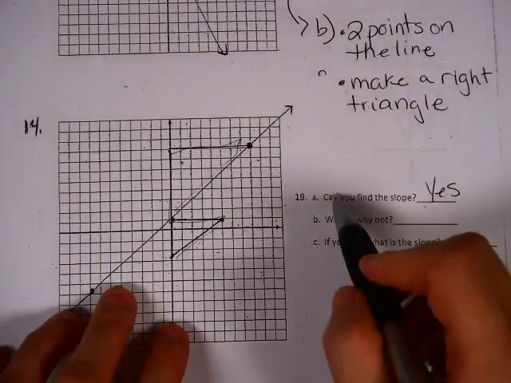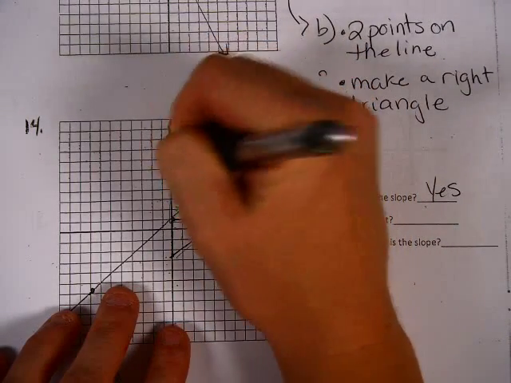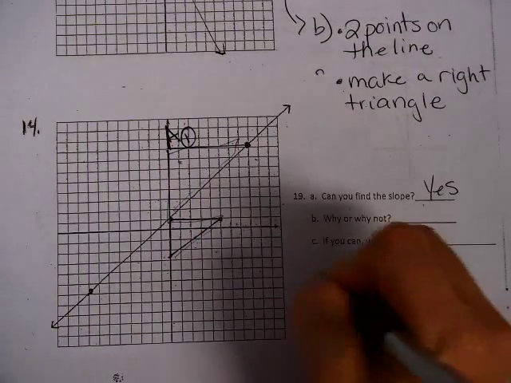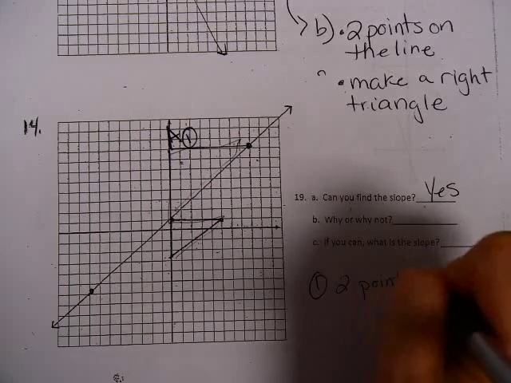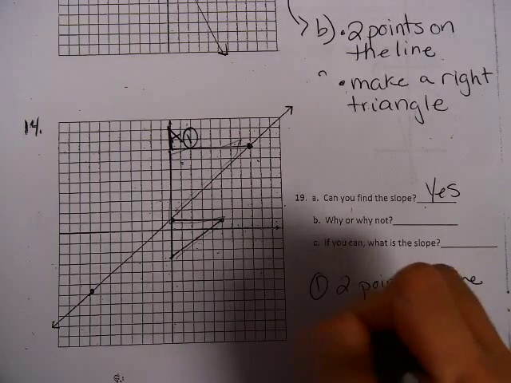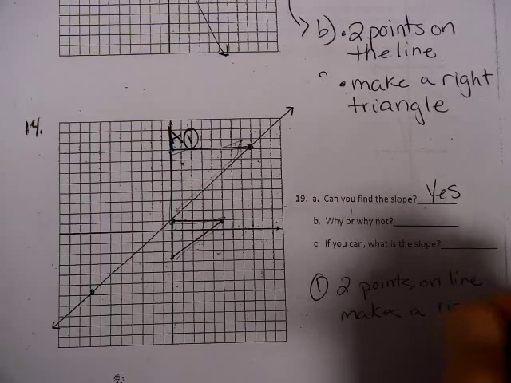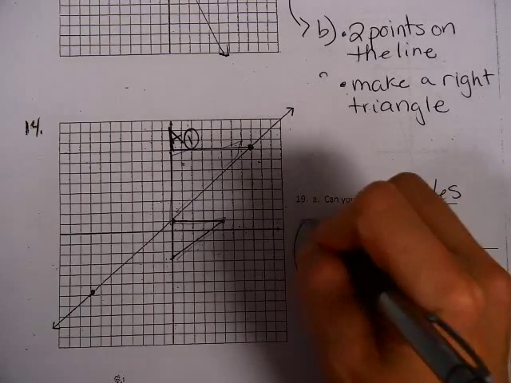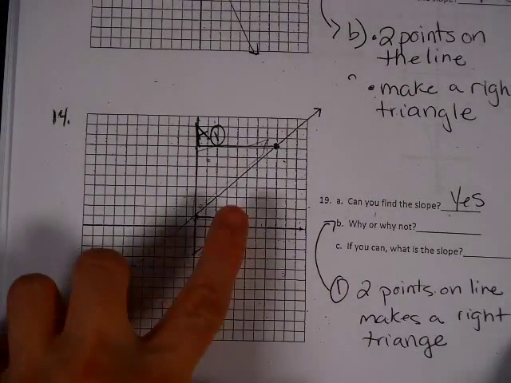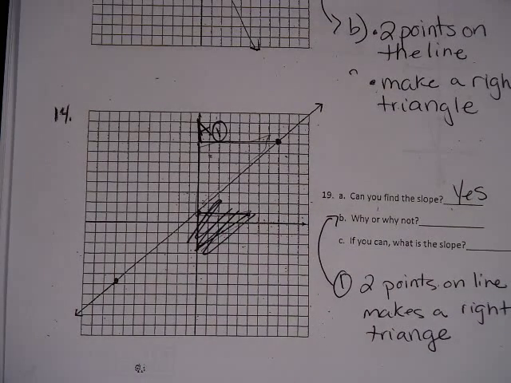It has 2 points on the line and makes a right triangle. But this one does not, so I cannot use it to find slope. But since there is one I can use, let's do it.